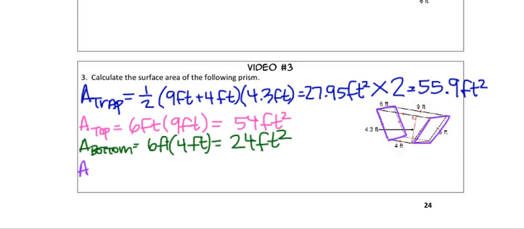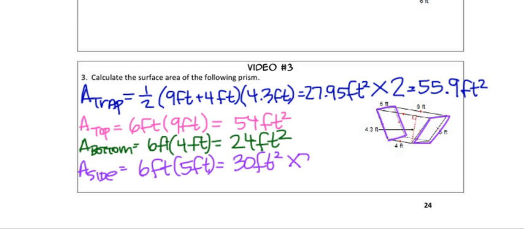I'm going to call these the sides. So the area of one of the sides is going to be 6 feet times 5 feet, which gives us 30 feet squared. But there are two of them, so we're going to multiply by 2 to get a total of 60 feet squared for these two sides.